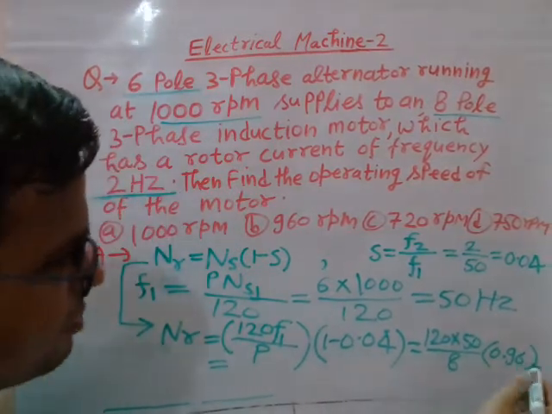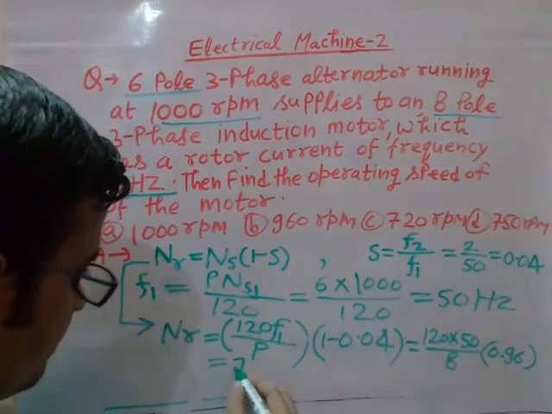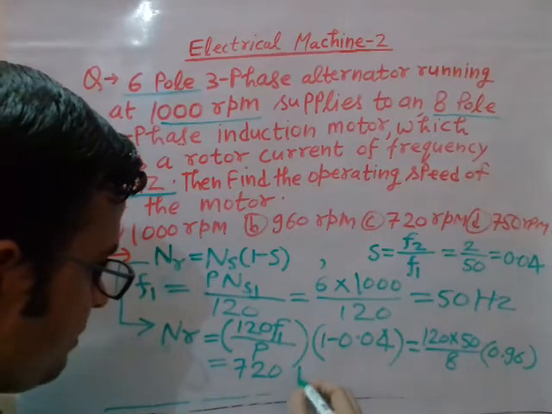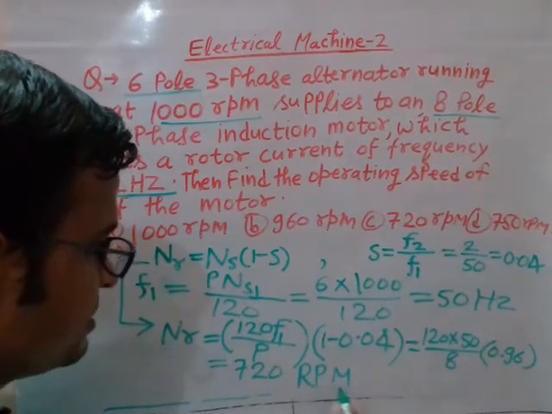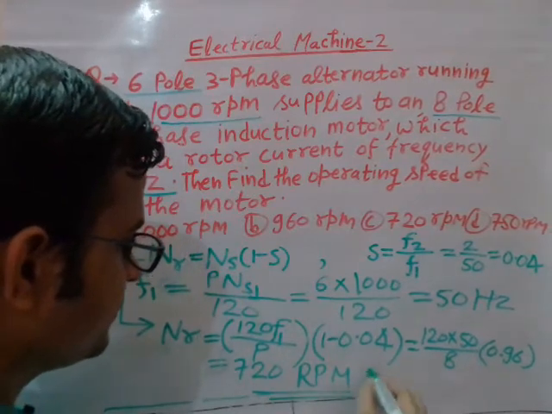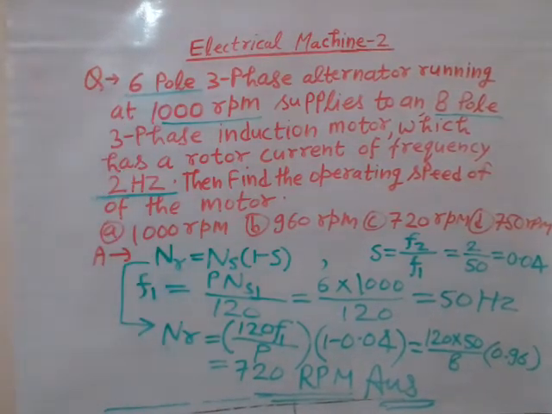So 750 into 0.96 is equal to 720 RPM. This is the operating speed of the induction motor. At this speed your induction motor will operate.